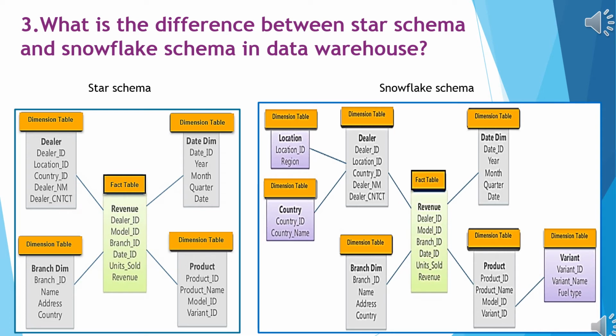And in star schema, we don't need to write complex queries because if you want any data or information, we just need to write one join on fact table and dimension table. Not many joins are needed, and that's why the query performance will be better, and also complexity will be very less.